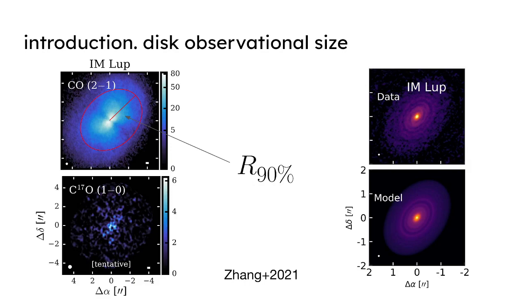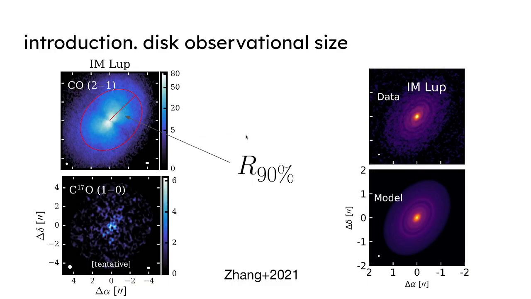But the thing with this observational size, which is obviously a very direct, very obvious measure, is that it is different depending on which intensity map, at what wavelength.